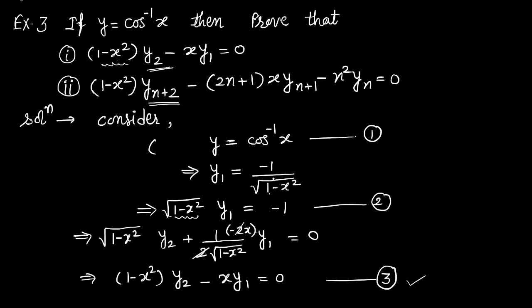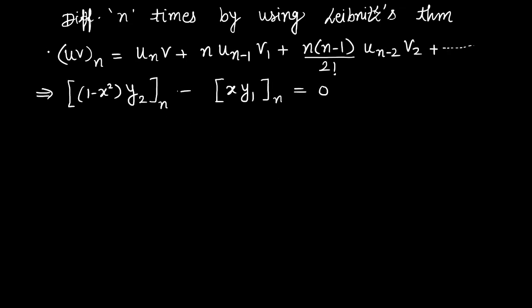Now we differentiate this first result n times by using Leibniz theorem. This is the Leibniz theorem, equation number 4. Differentiating n times, we consider this value as u and this value as v. In the second term, the continuous term y1, y2, we can find its standard derivative. Therefore, we consider this as u and the algebraic term as v.